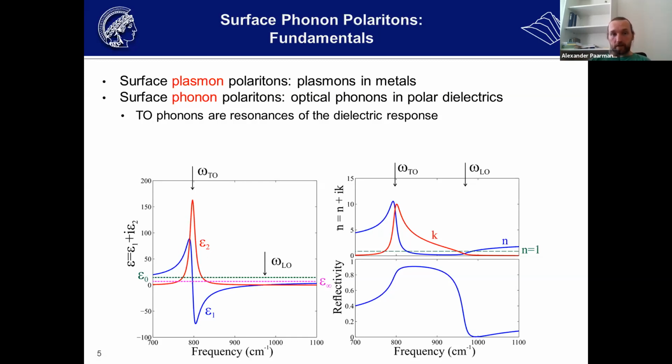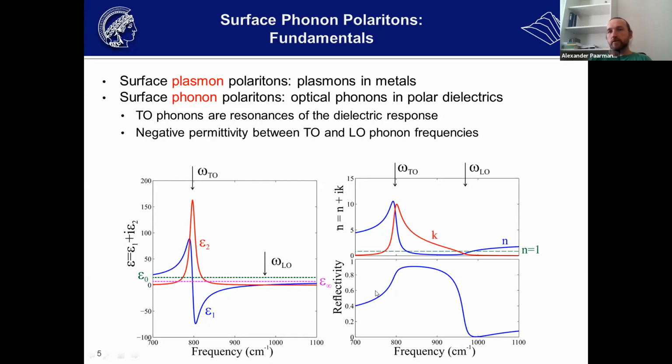You see down here, it's actually a very simple model. It's just a Lorentz oscillator that you can write down for these TO phonons. But as a result of this Lorentz oscillator, you see that the real part, the blue curve, is actually negative between the TO, the transverse optical phonon resonance frequency, and the LO. It turns back positive beyond the LO, but between TO and LO, epsilon is negative. The real part of the dielectric function is negative.